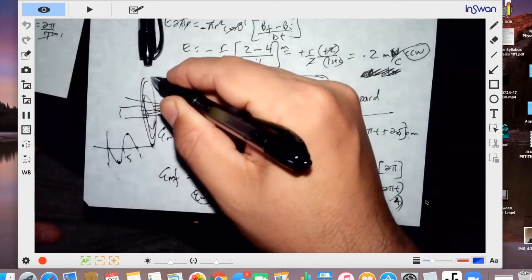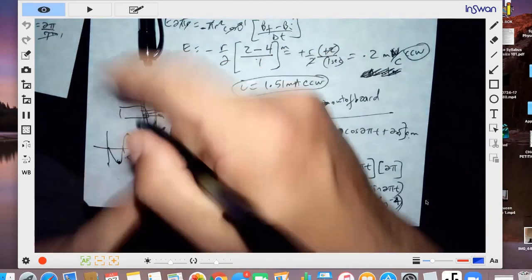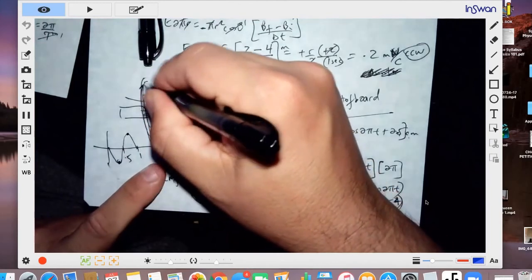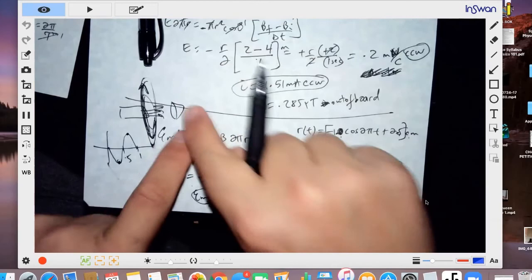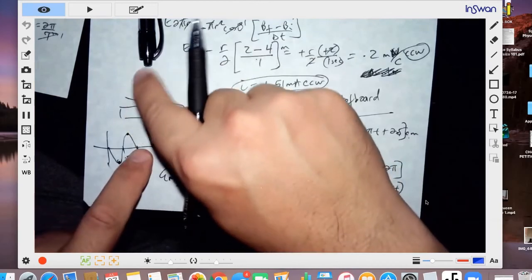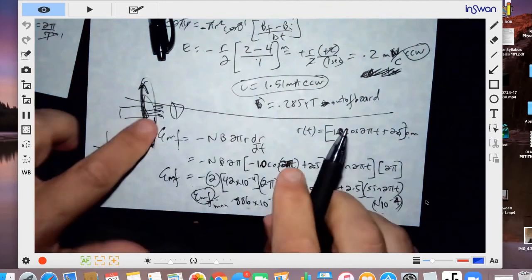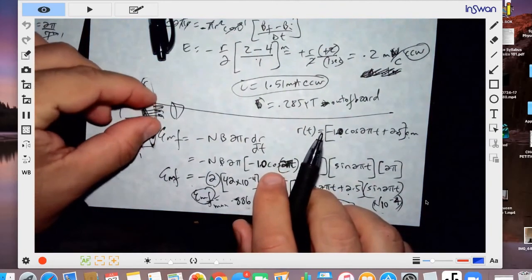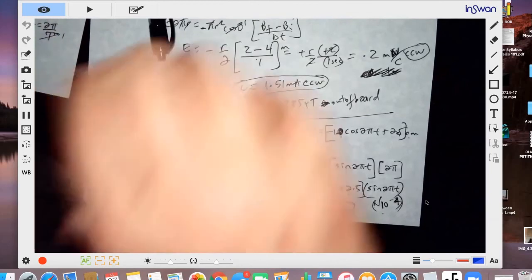It should produce a current that's like this, as viewed from the right side. It should produce a current like that to fight against the B field, you see. By increasing the radius, I'm increasing the flux that's to the right.